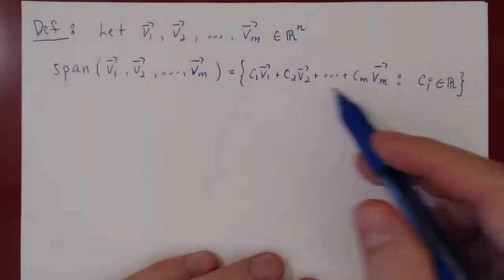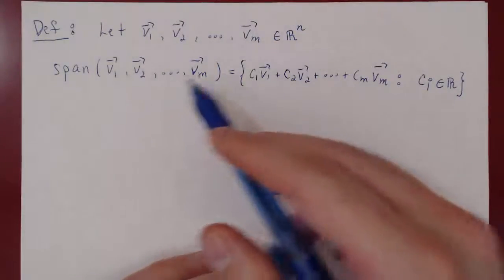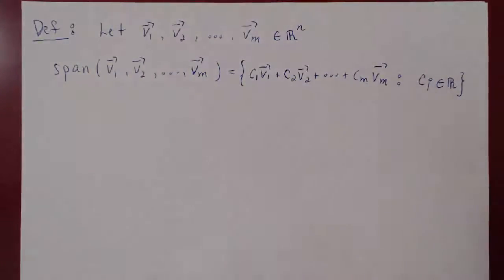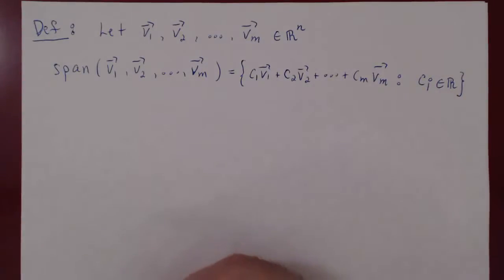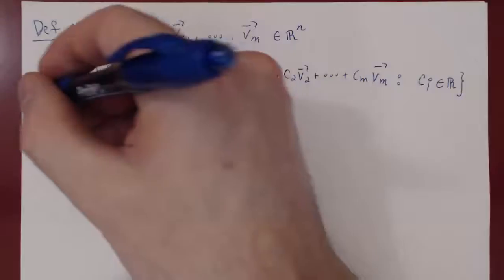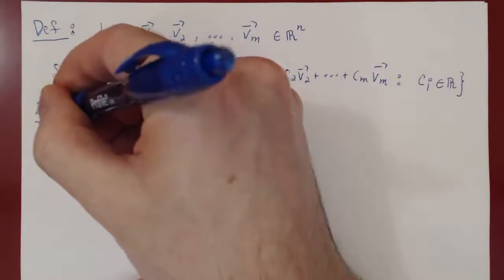So it's the set of all vectors that can be generated with these fixed m vectors. And that's it. That's what the span is. Let's consider now three simple but key examples of the span, and then we'll ask a fundamental question. But first, let's look at our three examples.